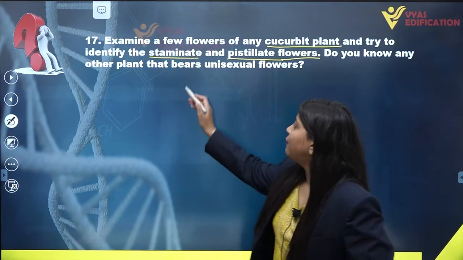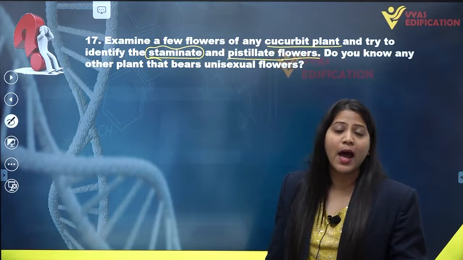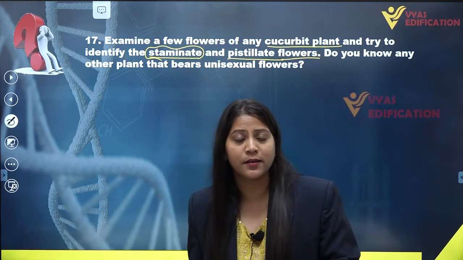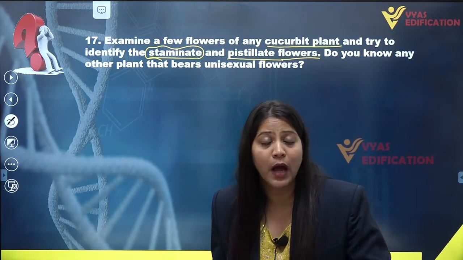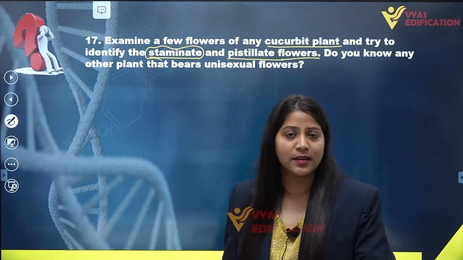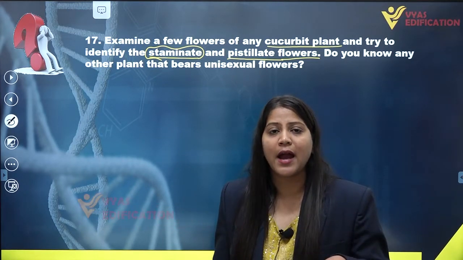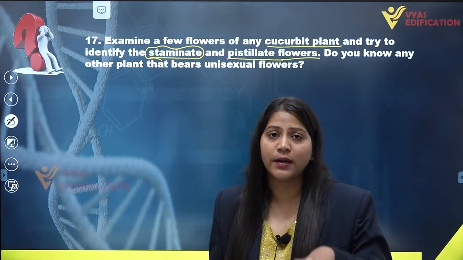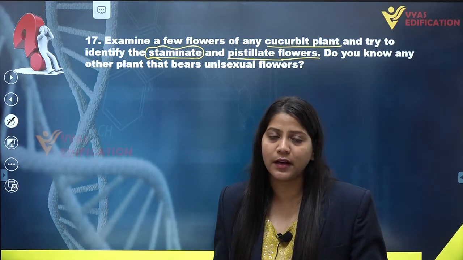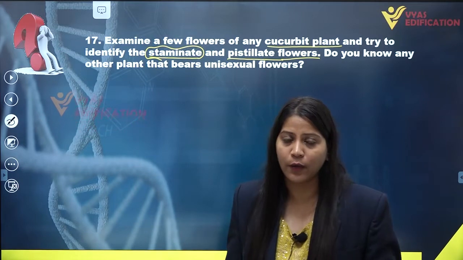The flowers which bear only the male reproductive organ, that is the stamen, are known as staminate flowers. On the other hand, the flowers which contain the carpel or pistil are known as pistillate flowers.